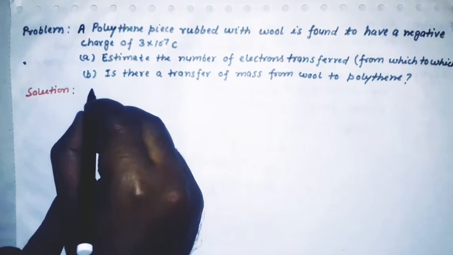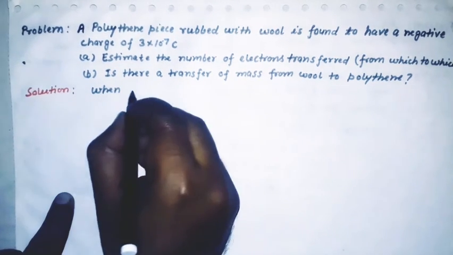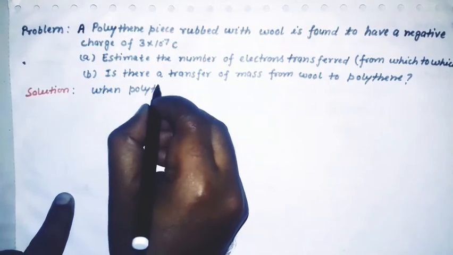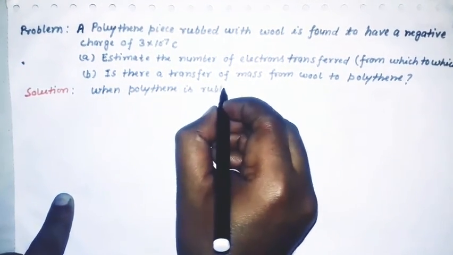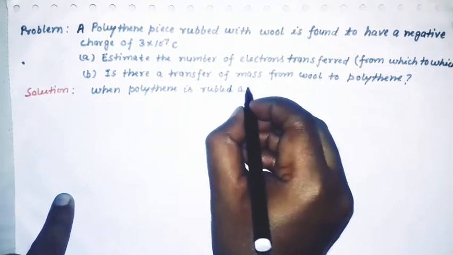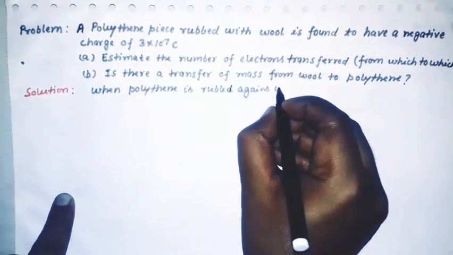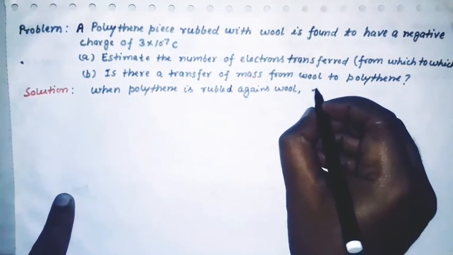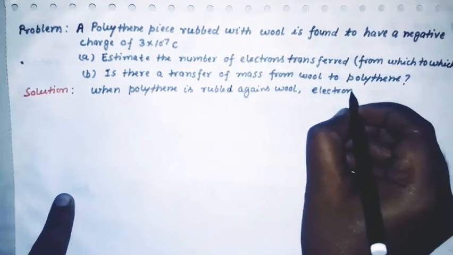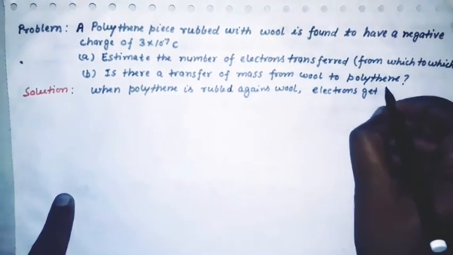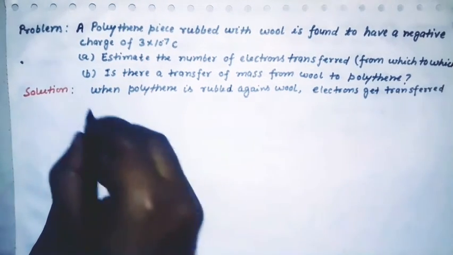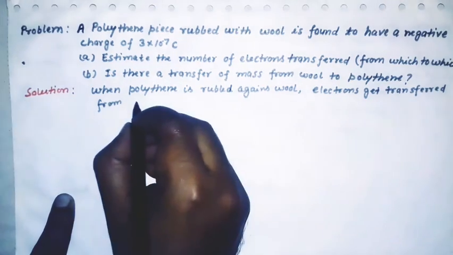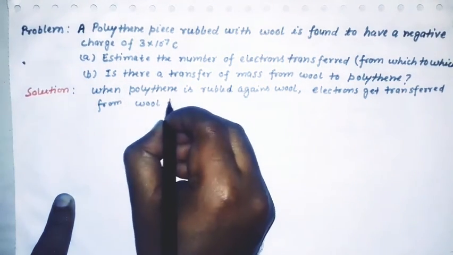So when polythene is rubbed against wool, electrons get transferred from wool to polythene.